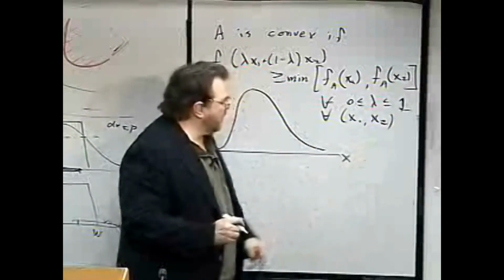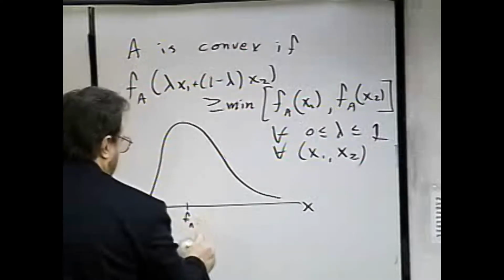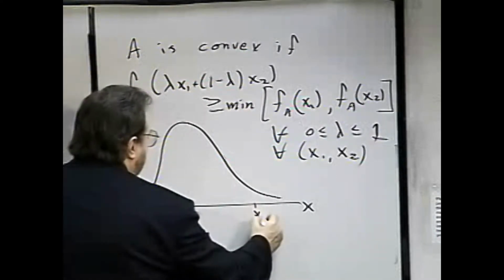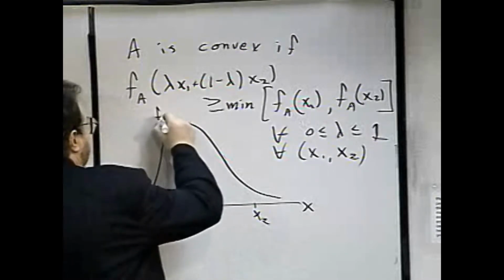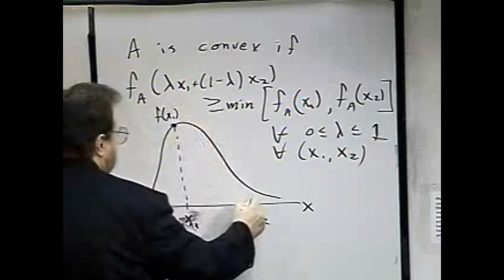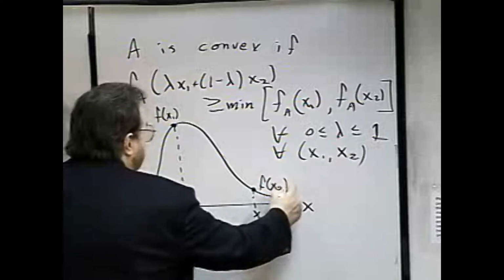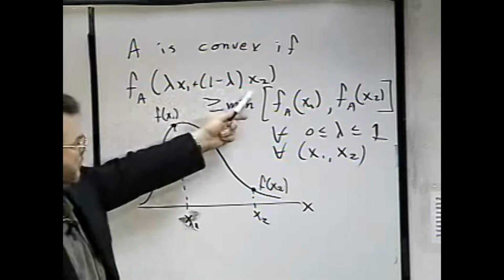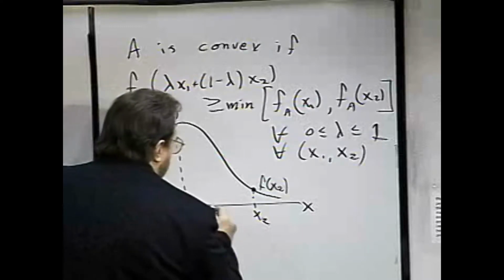For every value of x1 and x2, we can choose 2 points. This would be x1, this would be x2. So up here would be f of x1, this would be f of x2. And f of lambda x1 plus 1 minus lambda x2 means what? All of the points between here.